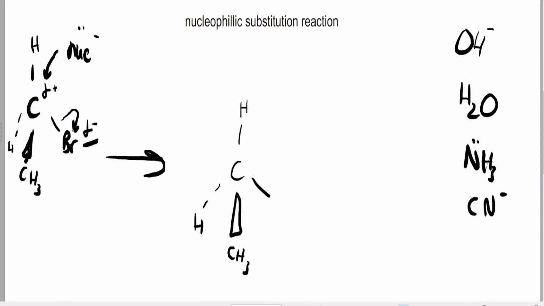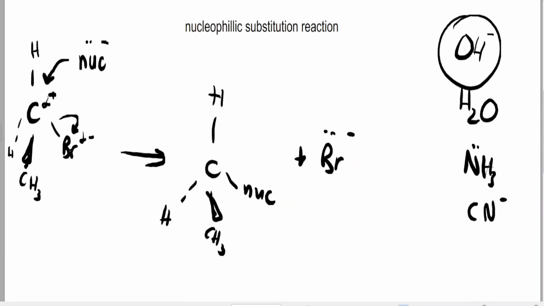And then you draw the curly arrows. Now, since this is partially positive, the nucleophile would attack this carbon. So you draw a curly arrow towards the carbon. You also need to draw the lone pair and the negative charge on the nucleophile. And what you get is this nucleophile being attached to the carbon atom plus the bromide, which has one lone pair.